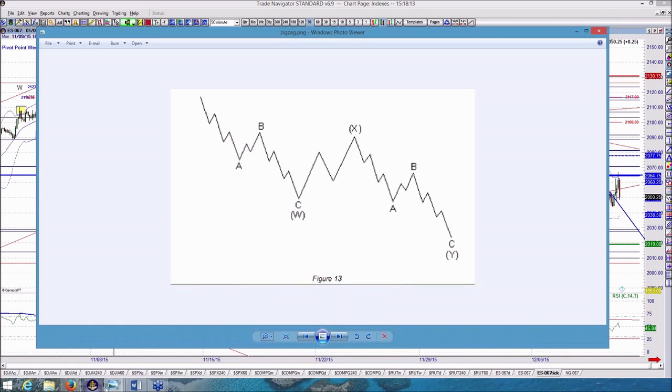Why is that? Because there are a lot of eyes on the market. So when you get a turn and you get a back test, notice where it goes to between the A and the B of the previous swing, like the X is right there. The X is right between the A, B swing.